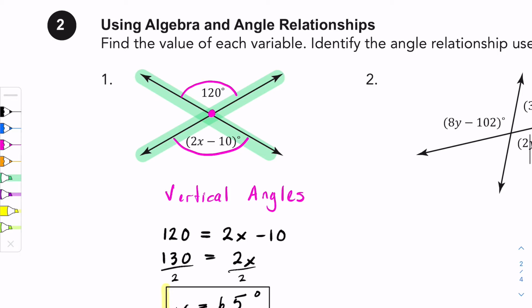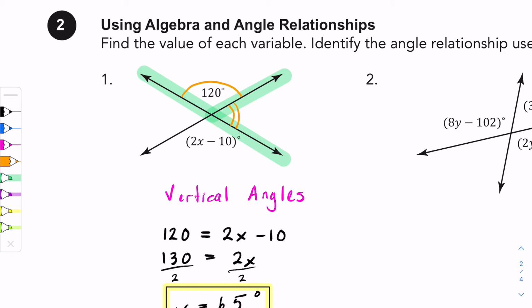This is not the only way that you could have solved for x. You could have also looked at the diagram and seen a linear pair. So for example, if I erase what I have on here, a linear pair is formed by a straight angle. If this angle is 120, then you can easily find this angle here.